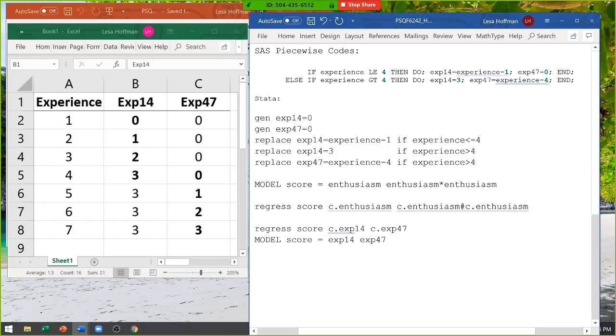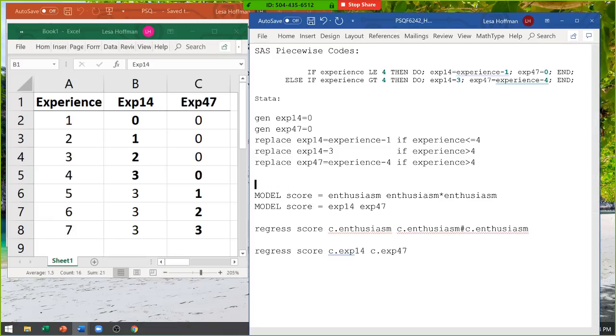Can you say again what you do in the model step? Each of these models in homework 4 has score as the outcome variable. So this part is going to be the same no matter which section you're in. What goes after it depends on which section you're in in terms of the predictors.